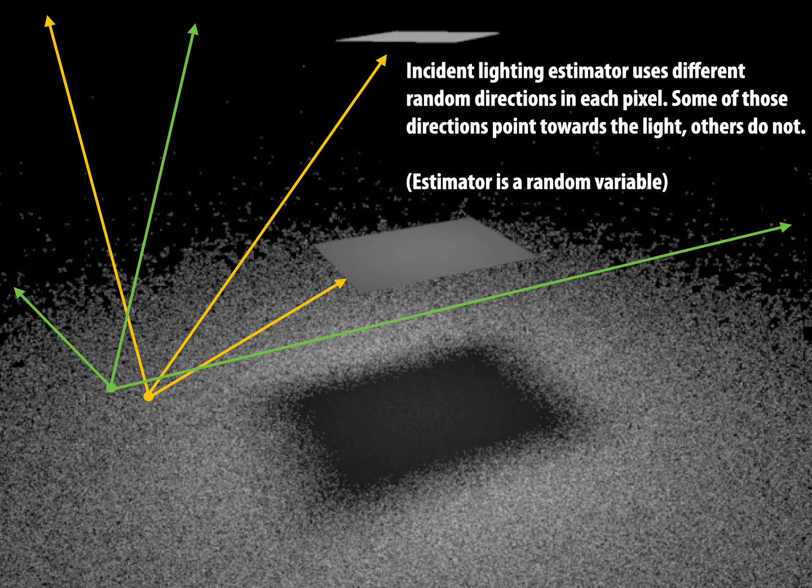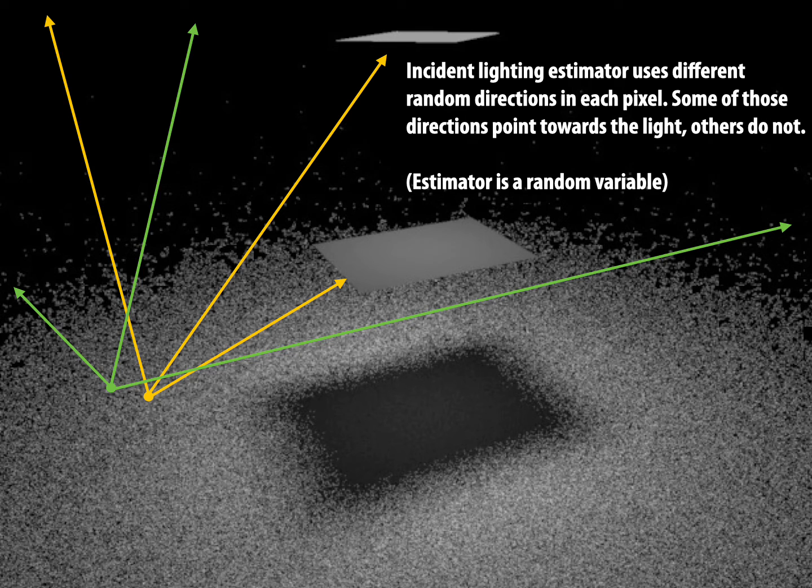Some of those directions point towards the light. Some of them don't. And so our overall estimate is a random variable. The estimated value will have some variance. So as we move from point to point on the plane or on the image, we're going to have this noise, this error in our estimate that changes from point to point.